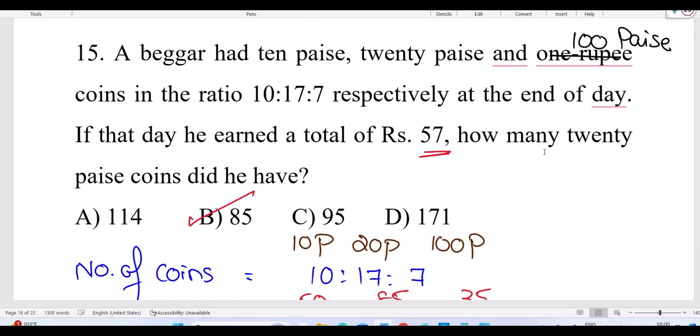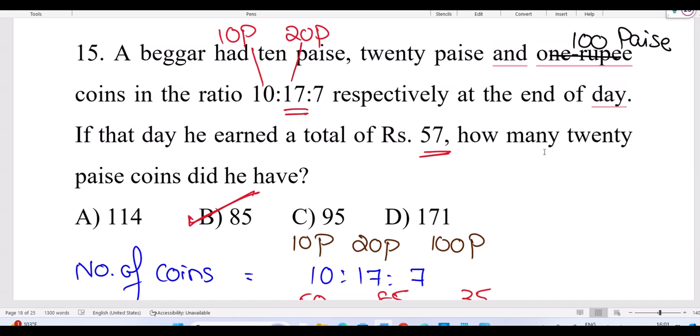The number of coins in your pocket, is it 10.5 coins you have? Can I say 10.3 coins you have? Can I say 11.11 coins you have? The number of coins must be an integer. Very simple. This is 10 paise related. Your answer must be a multiple of 17. Only one option.